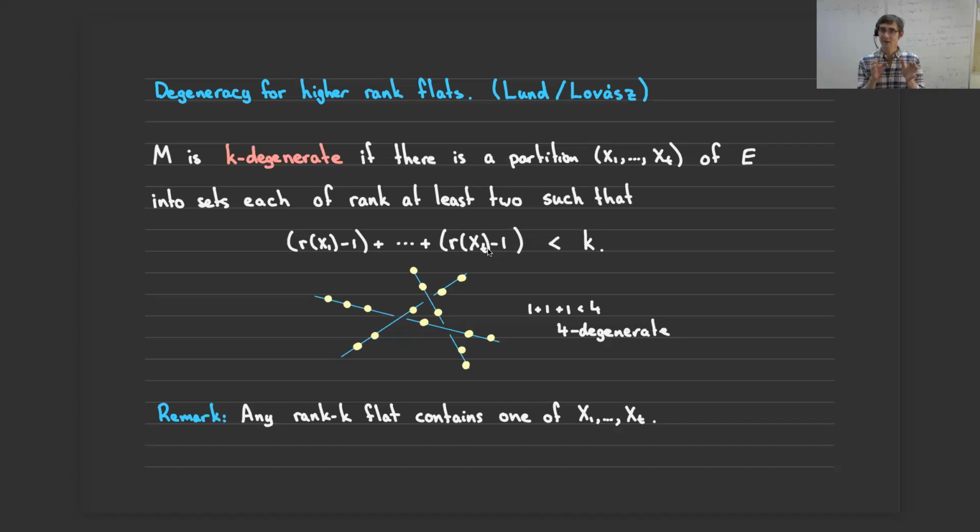So once I get an example that's k-degenerate, I can make other examples where the average flat size is arbitrarily large and it's still k-degenerate. So k-degeneracy is a real problem when it comes to flat sizes. But if you've got k-degeneracy, it really says this is not a good example from the point of view of computing average flat sizes.